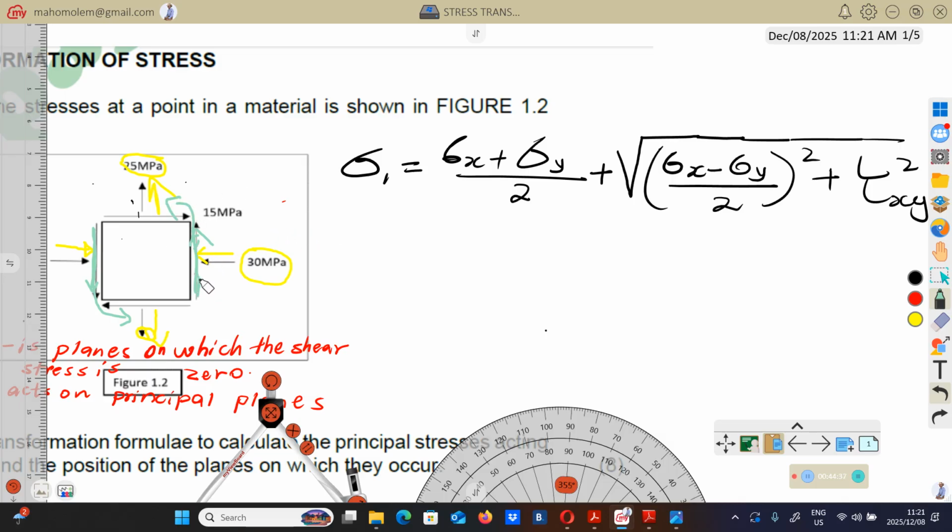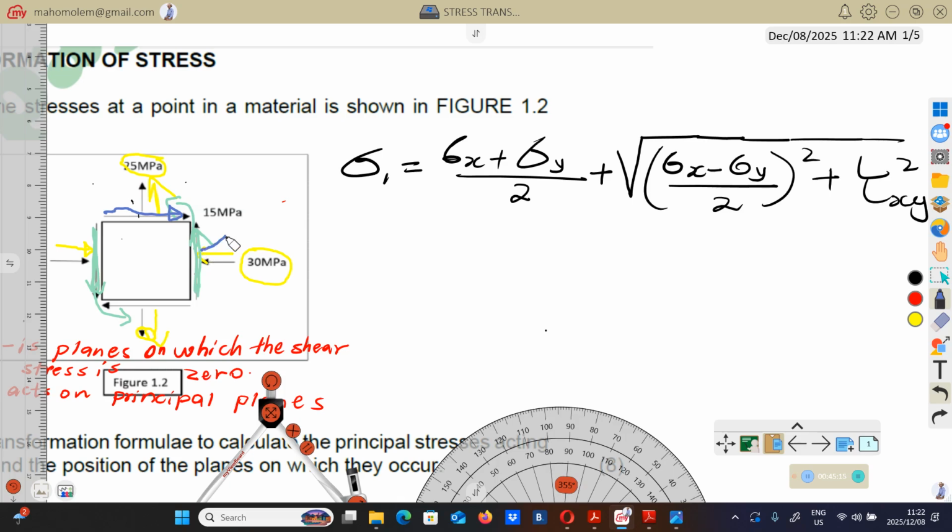So if there is clockwise shear stress on this x face, for this element not to turn or not to rotate, because if you tilt it like that, it is going to rotate in a clockwise direction, to prevent this from rotating in that direction, there must be an opposing shear stress in the opposite direction.